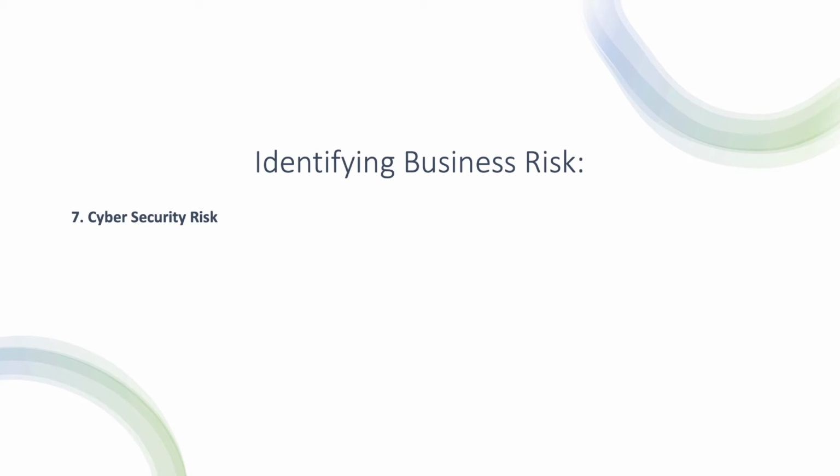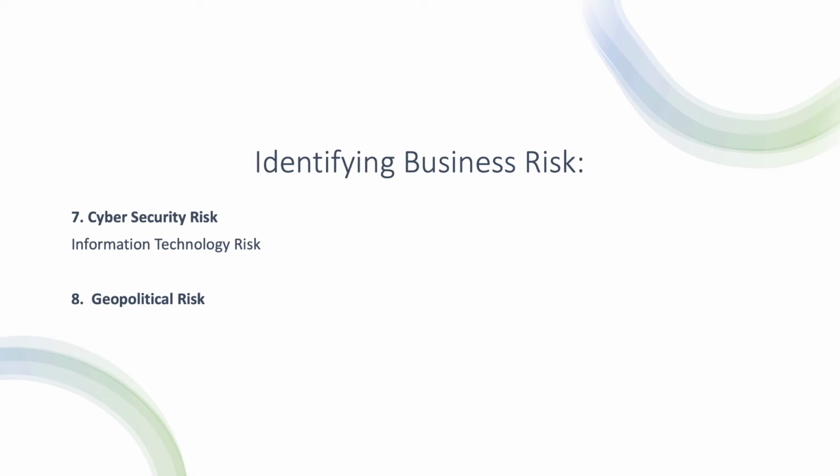Now moving to the other one, that is cybersecurity risk. Everybody knows it is risk related to information technology. Because it's a digital revolution, there is the risk that our data can be hacked by using some kind of technology software. Now, geopolitical risk.